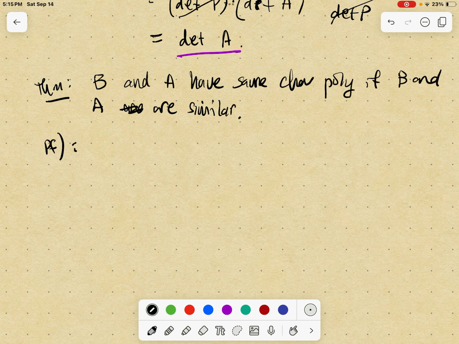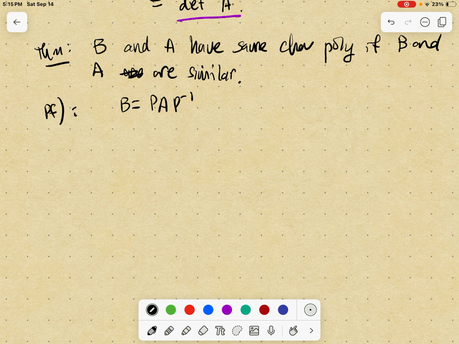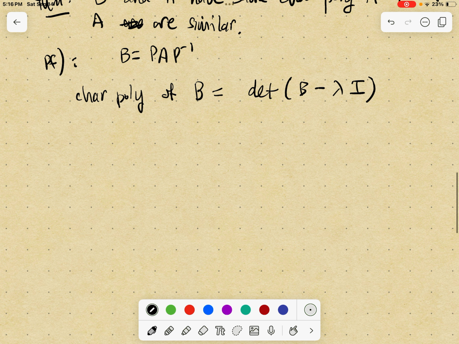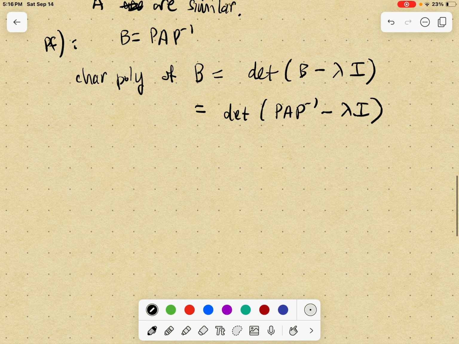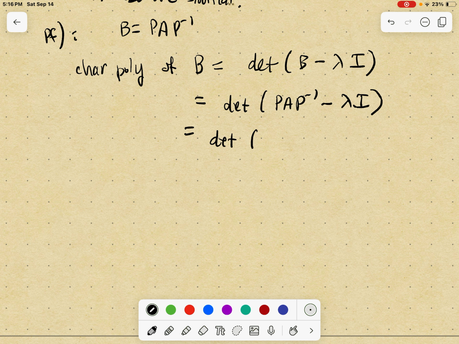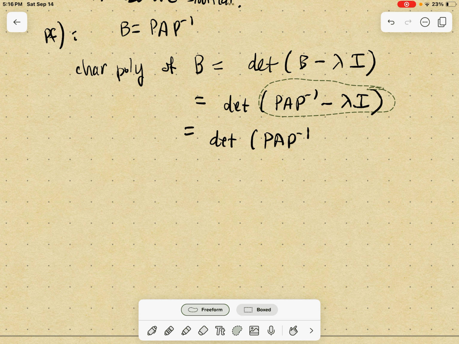Well, we have B is P times A times P inverse for some invertible matrix P. And the characteristic polynomial of B is precisely the determinant of B minus lambda I. And that's the determinant of PAP inverse minus lambda I. Now I'm trying to write this expression as a product of matrices, so I can use my determinant facts.